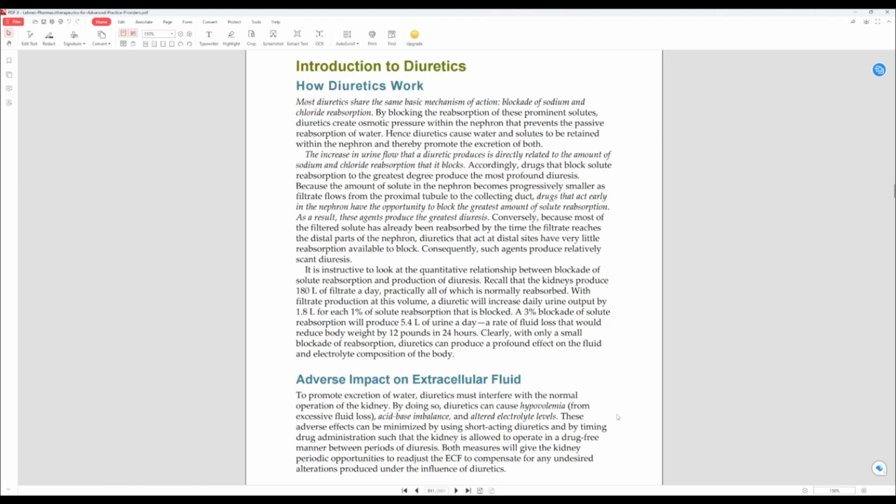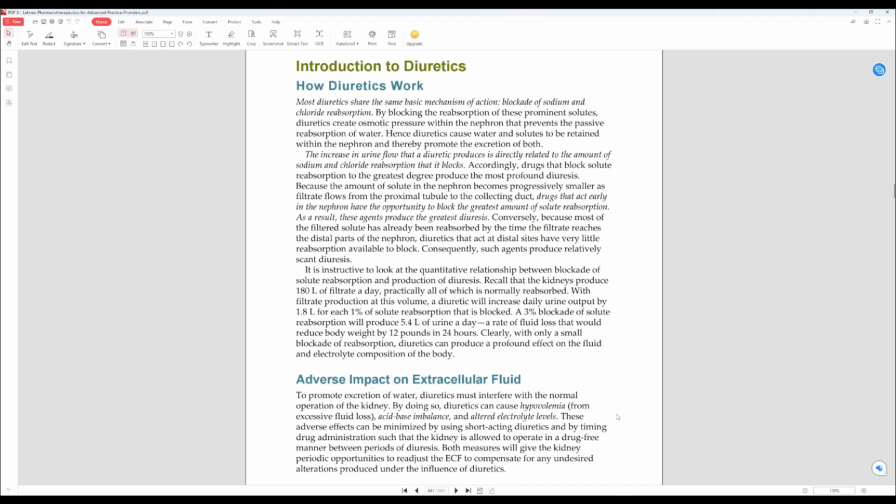Therefore, diuretics cause water and solutes to be retained within the nephron and thereby promote the excretion of both. The increase in urine flow that a diuretic produces is directly related to the amount of sodium and chloride reabsorption that it blocks. Accordingly, drugs that block solute reabsorption to the greatest degree produce the most profound diuresis.